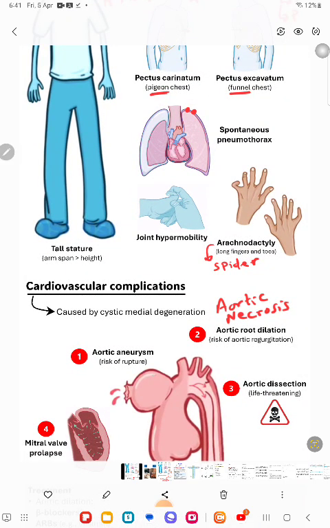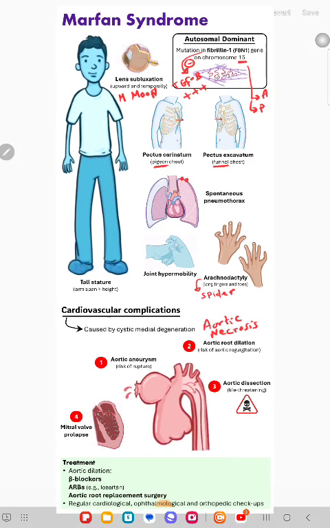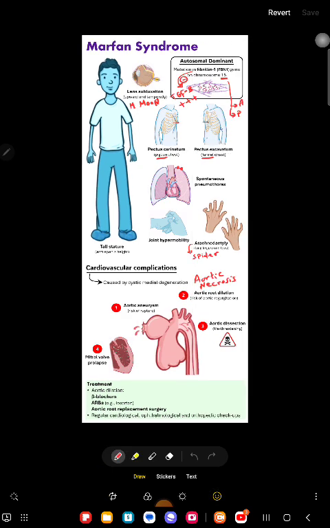You see here the aorta is dilated, and this can rupture, and it can also cause aortic root dilation, and this is a form of aortic regurgitation. And the third point, which is the most common cause of death in people with Marfan syndrome, is aortic dissection.